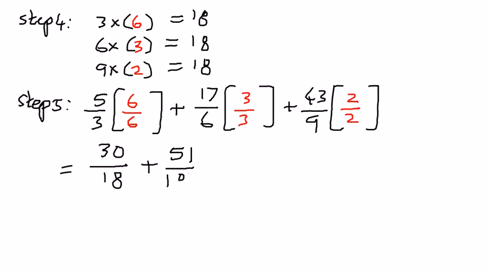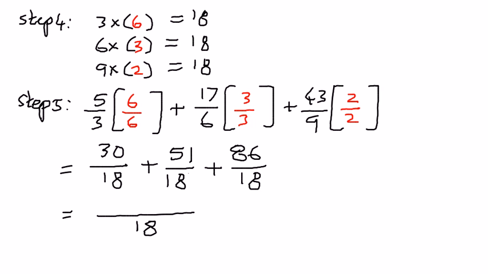And in the third fraction, 43 times 2 is 86, and then 9 times 2 is 18. So we have a common denominator for all three fractions, which is 18.